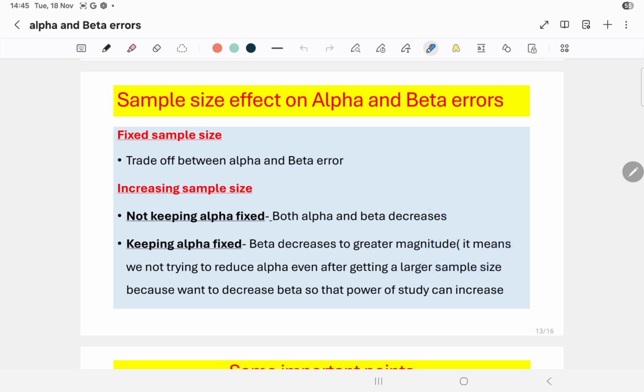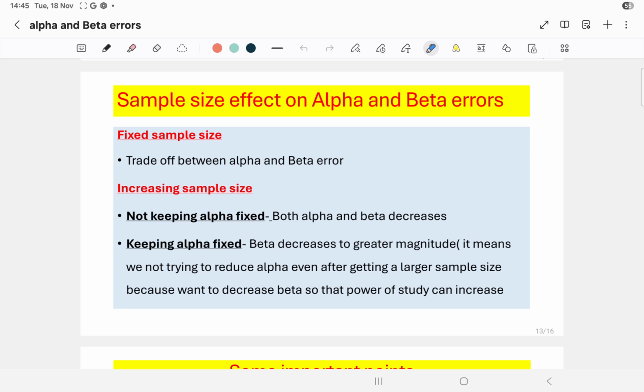You will see what is actually true. That is what an increase in sample size means. So not keeping the alpha fixed, both alpha and beta decrease. Keeping alpha fixed, beta decreases to a greater magnitude. Right? Keeping alpha fixed, I will anyway allow room for chance. So what you are saying is, I am okay with my data being statistically significant by chance only, but I want to detect the effect of the drug if it exists.